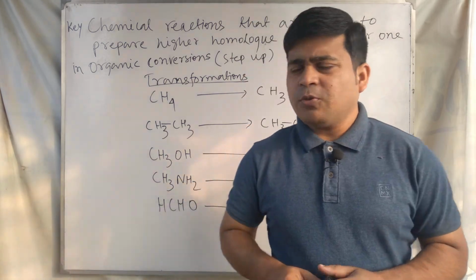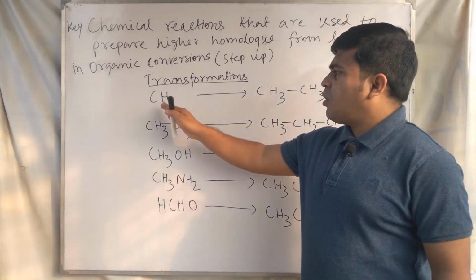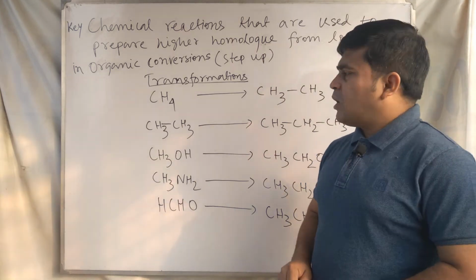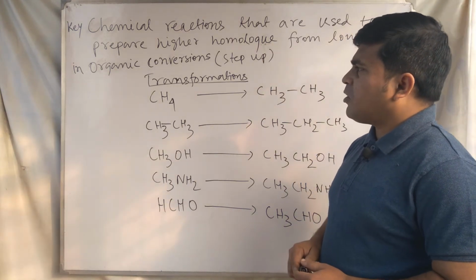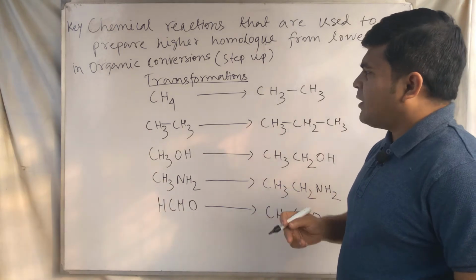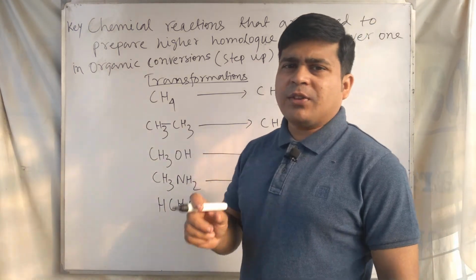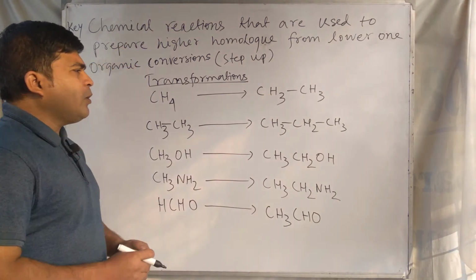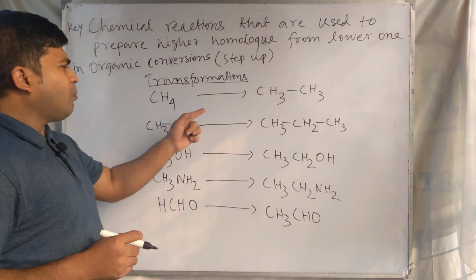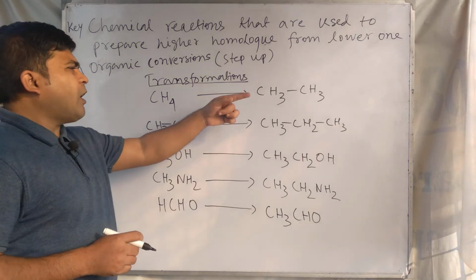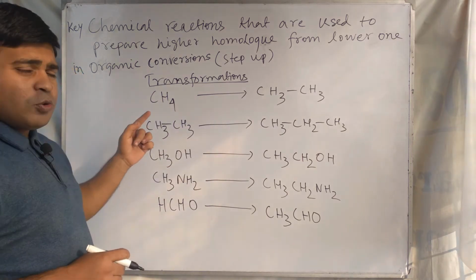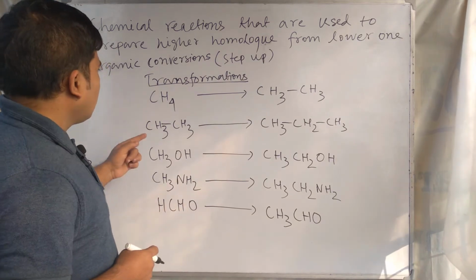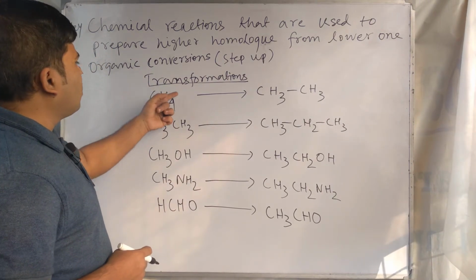In each case we have to increase the number of carbon atoms from 1 to 2, that means we have to step up the number of carbon atoms. So to ascend the series, we need some key reactions by which we can increase the number of carbon atoms to prepare the higher homologue of this reactant.